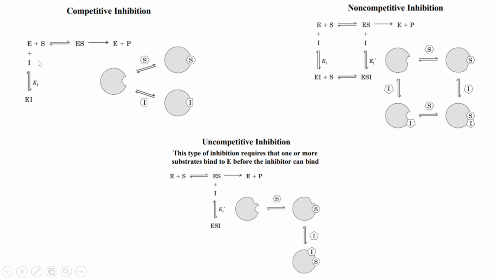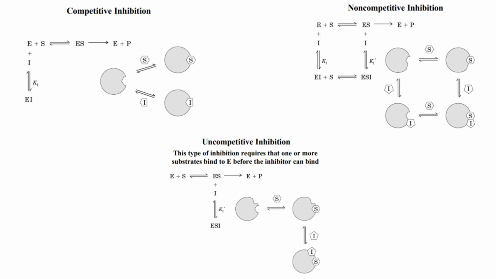The enzyme is there, either the substrate will bind to the enzyme or the inhibitor will bind to the enzyme. If I keep the inhibitor concentration constant and keep increasing the substrate concentration, we'll reach a point where the enzyme will reach its maximum velocity, that is Vmax.